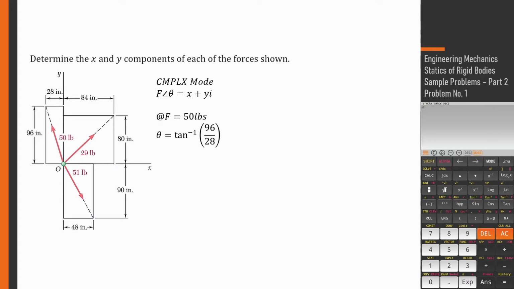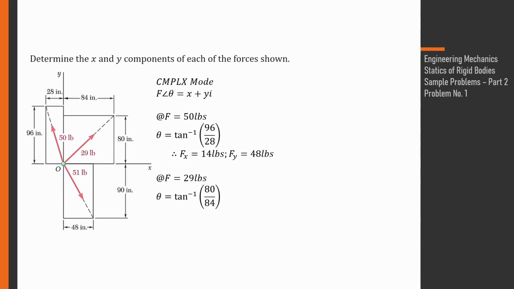And then F, angle for theta is arctangent a over b. And then force F is 50, a is 96, b is 28. So therefore, horizontal component is 14, vertical component is 48.